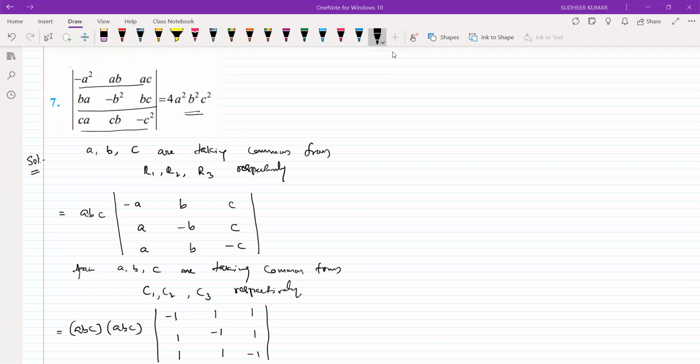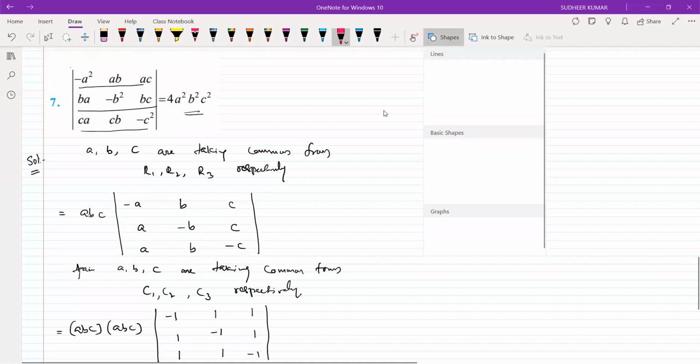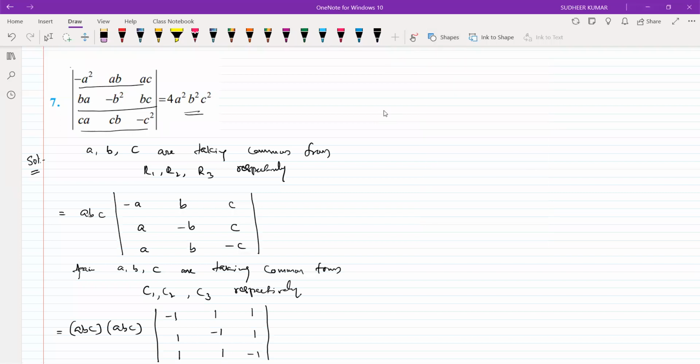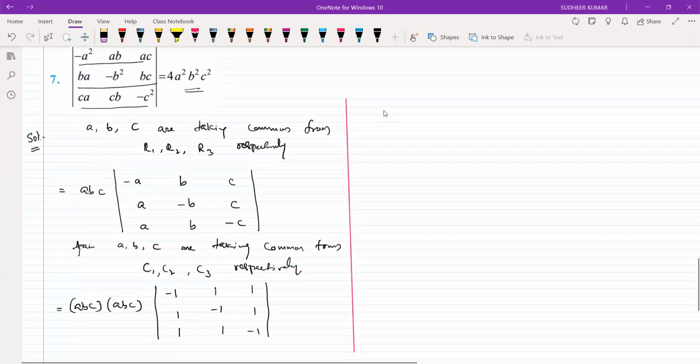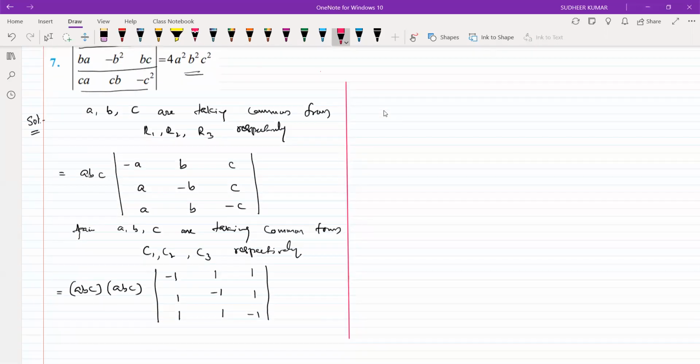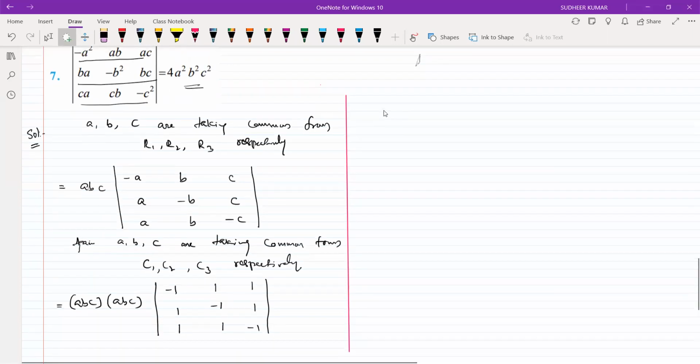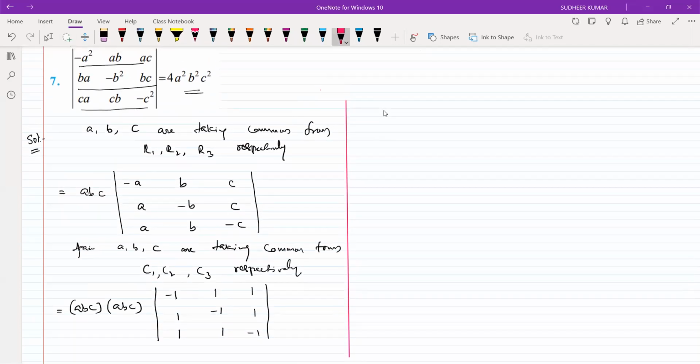Now let us go to the next step. What do we have to do next? We'll try to make as many zeros as possible in any one column or row, so that it is easy to expand the determinant.